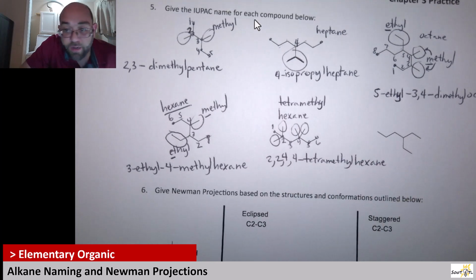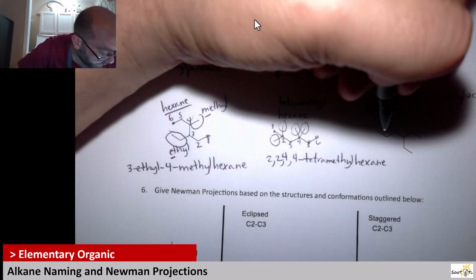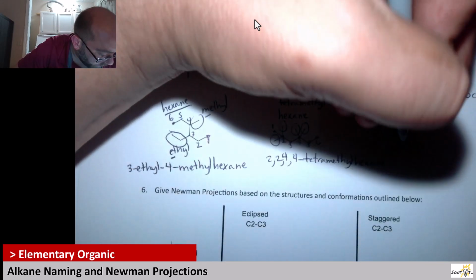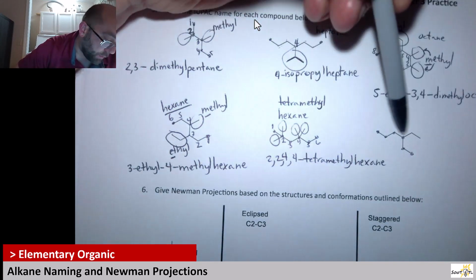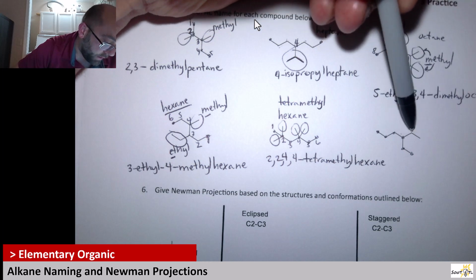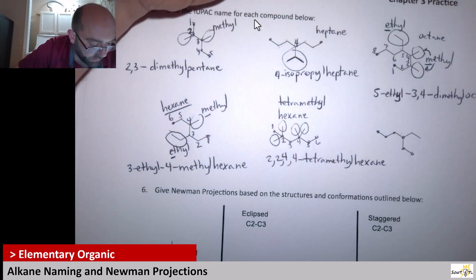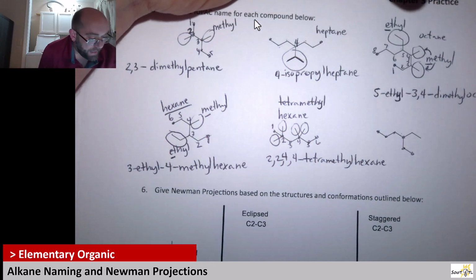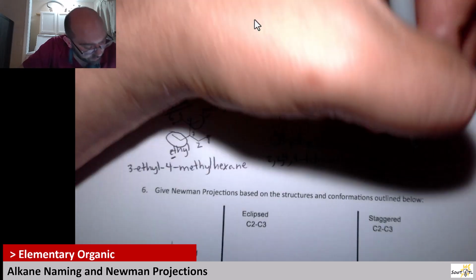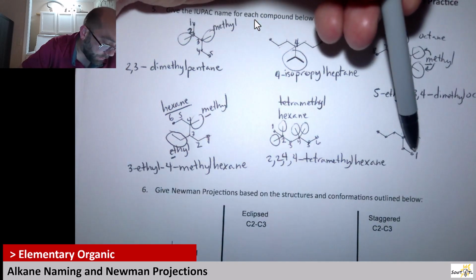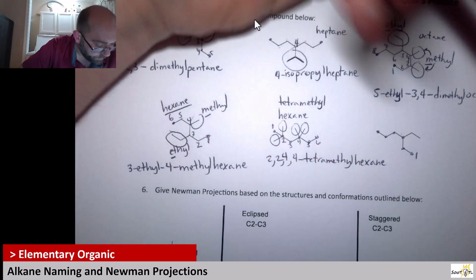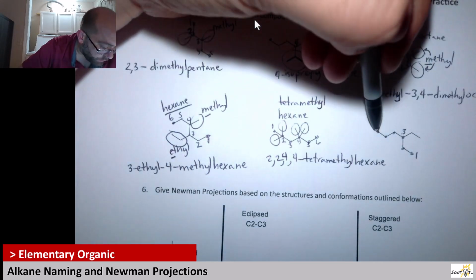Finding the longest chain here would be 1, 2, 3, 4, 5, 6. At this point, it wouldn't matter if we went this way numbering 5 and 6 or this way. Based off the numbering, I'm going to start numbering here so I can get my first branch point at 3. Because if I started here, 1, 2, 3, 4.